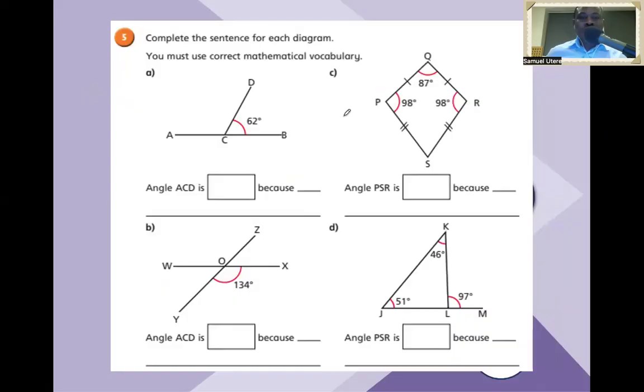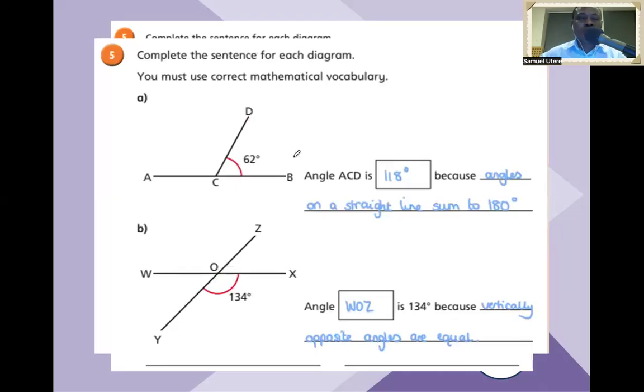Pause the video and answer question 5 in 4 minutes. Assuming you've paused the video and you've answered question 5, here are the answers. Let's discuss them. So for question 5a, you were asked, complete the sentence for each diagram. You must use correct mathematical vocabulary.